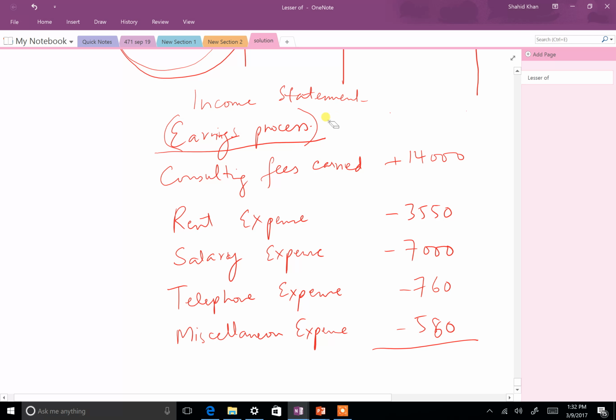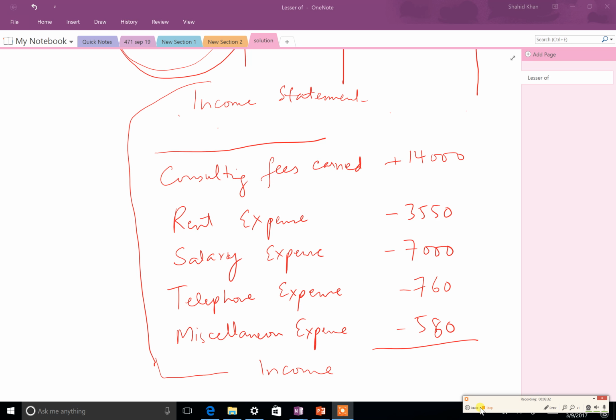I don't have to write earnings process, but I was trying to link the previous video to this question, that now we are applying the same concepts I explained earlier in this problem, and eventually it will be called income. So it's plus 14,000 minus all the expenses, and the answer is 2,110.